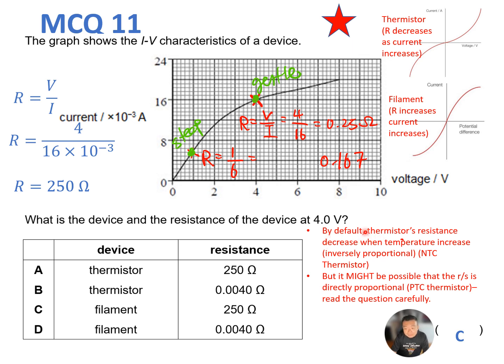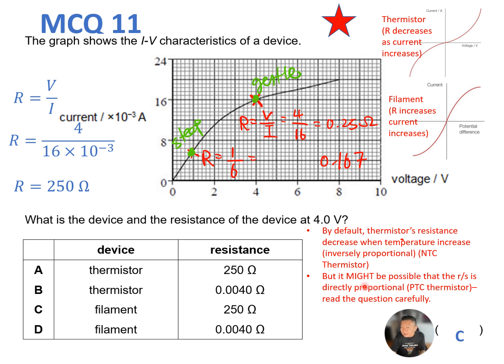This default behavior belongs to a type of thermistor called NTC, and NTC stands for negative temperature coefficient. It's just a type of thermistor, and by default, this is the thermistor that we are talking about in O level. So memorize this point over here, but just know that in reality, this is just one type of thermistor.